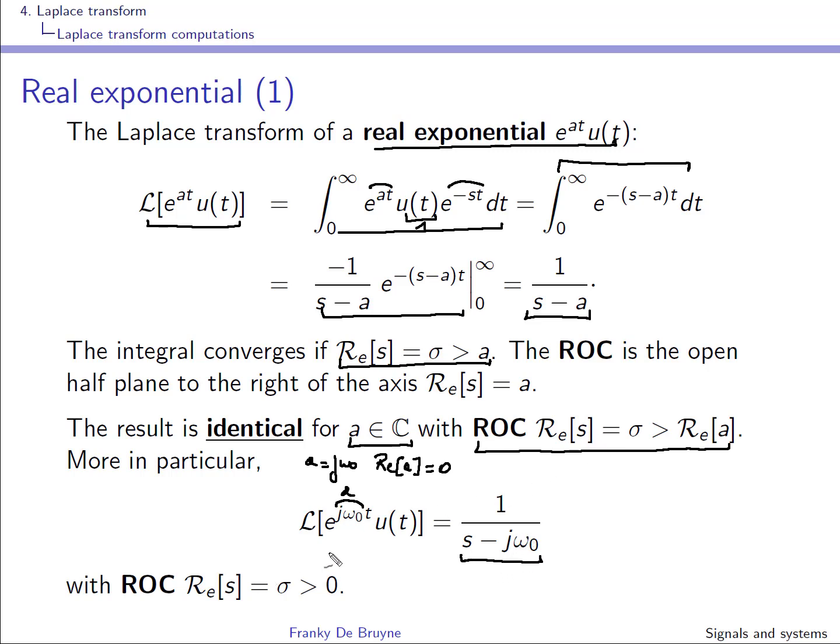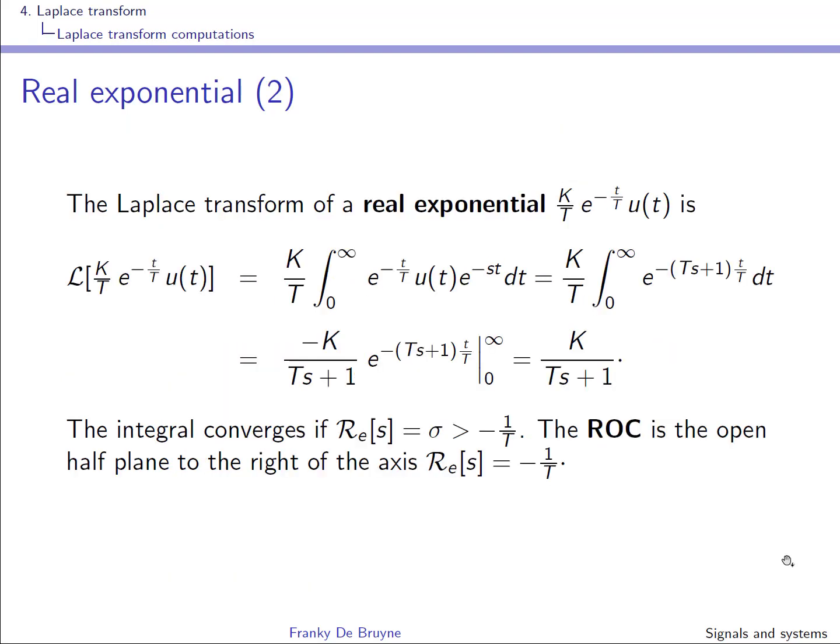And we obtain also the region of convergence: sigma is larger than the real part of a, and the real part of a is 0 over here, so we have this region of convergence. This is very important because we'll use it to compute the Laplace transforms of a sine and a cosine.